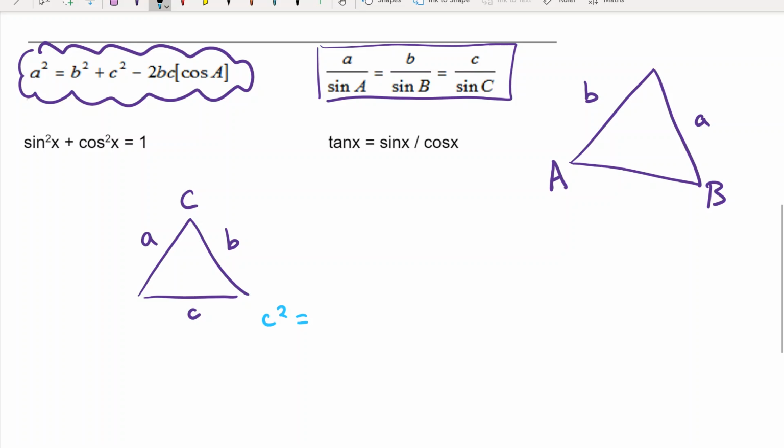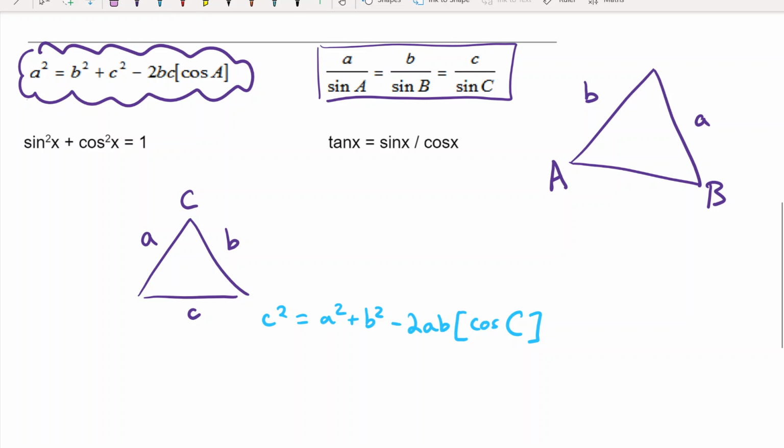So I do that by first focusing on C squared, and then I'm going to add up the other two sides, so a squared plus b squared in this case, minus 2ab cos of angle C. So you'll notice that all that matters is that a squared and b squared and ab, this, and this, as long as I'm not repeating C, it doesn't really matter if I put b squared first or a squared first, as long as I'm only using the other two sides and then the opposite angle in my cos part of this formula.